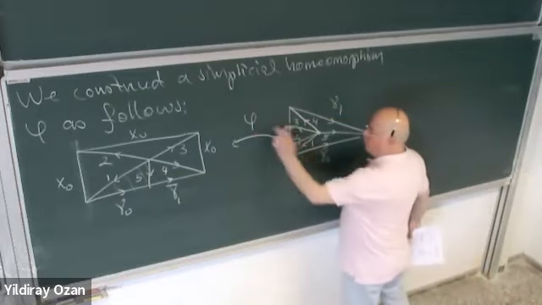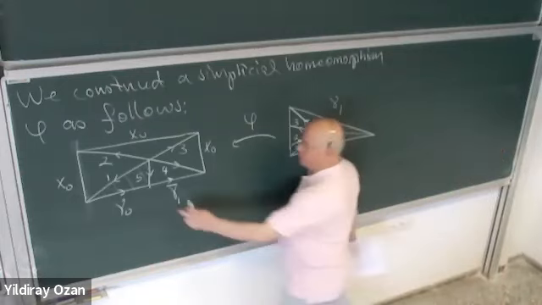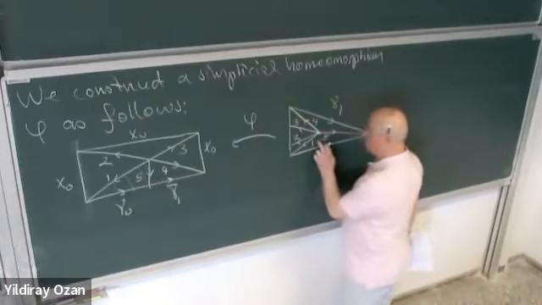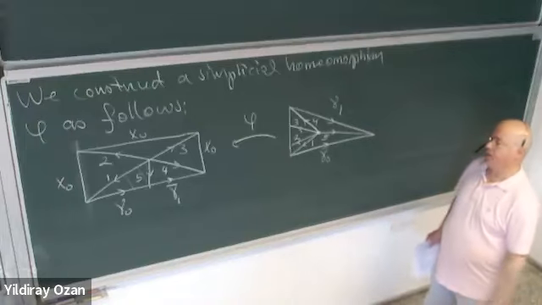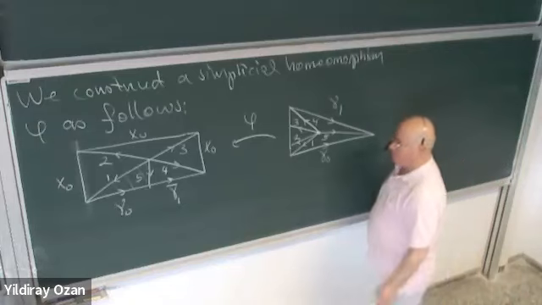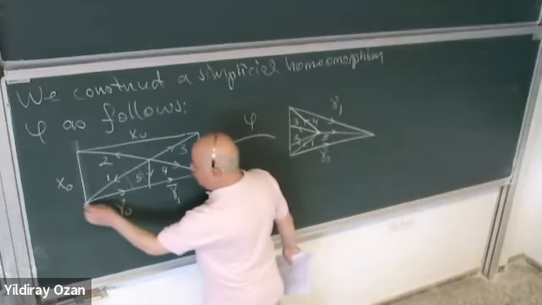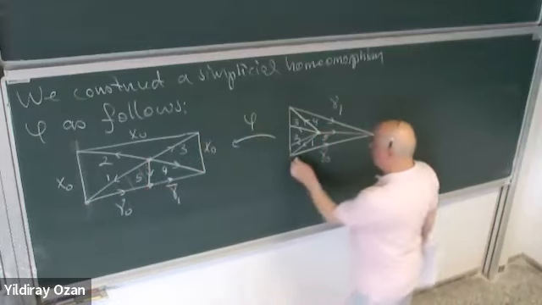I'll choose my homeomorphism so that it will map this triangle to this triangle, and it will be linear. Well, actually, I should say maybe affine map, mapping, you know, these corners to these corners.